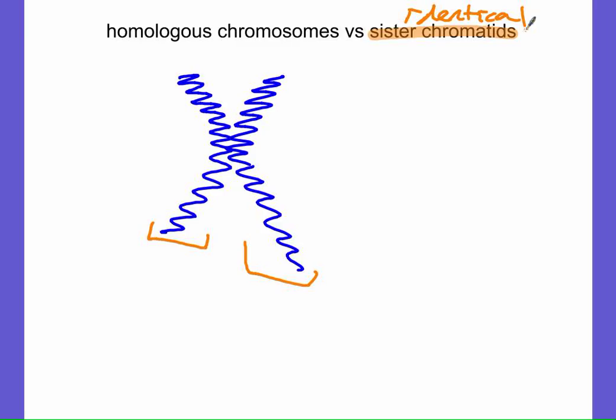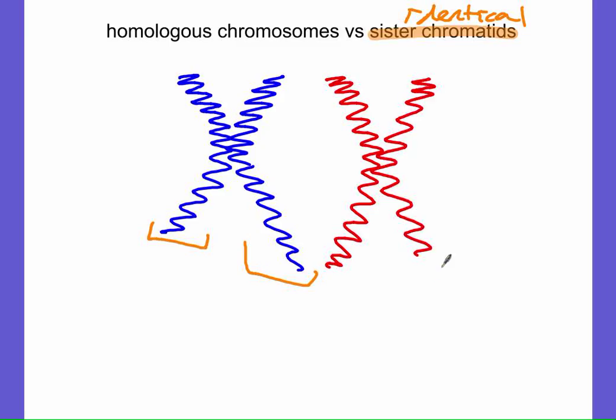But when I say homologous chromosomes, I mean 2 different chromosomes. So you're seeing 2 different colors here, obviously. But those 2 chromosomes should contain the same genes. So if this chromosome, the blue one, and the red one, they both have that gene that codes for eye color.